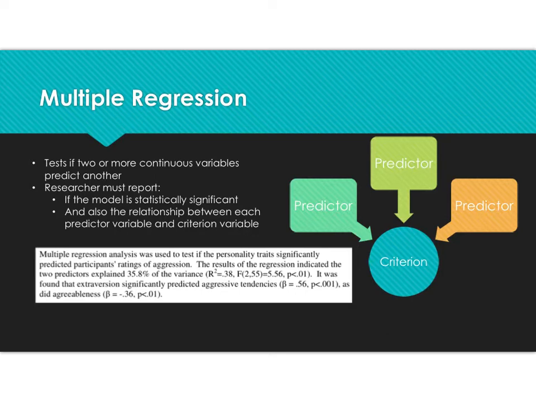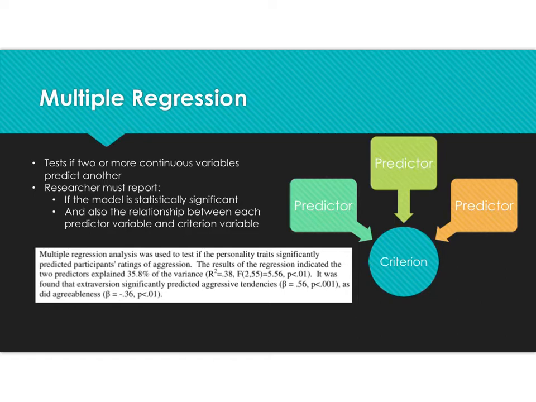And just by looking at it, we can guess that they're not necessarily the same thing. However, if they were measuring a variable called agreeableness and another variable called friendliness, those two predictors might be too similar, in which case they're measuring the same thing and the analysis wouldn't work.